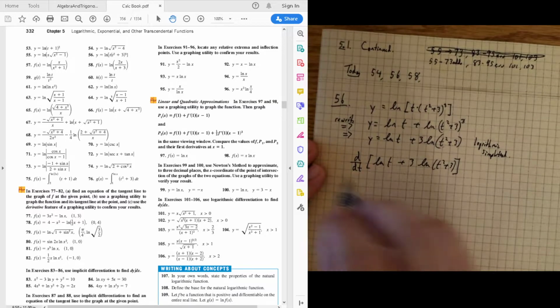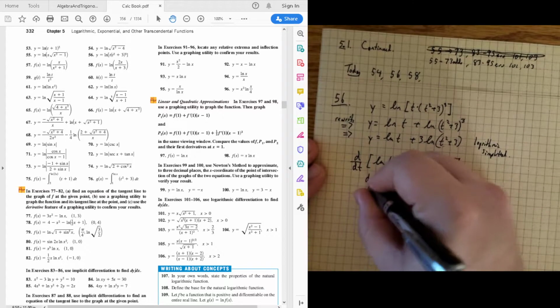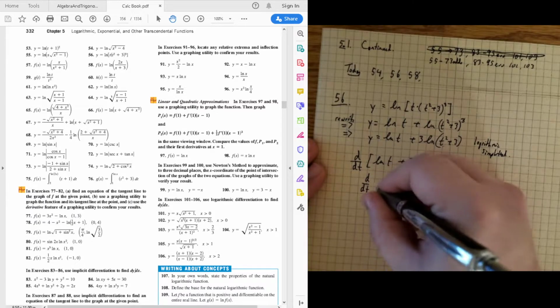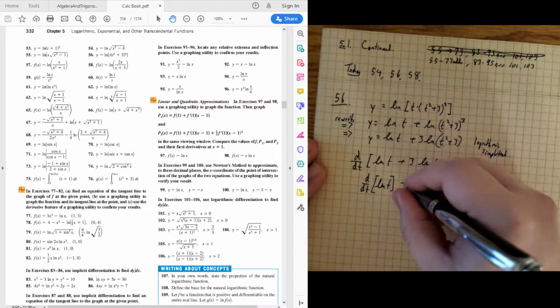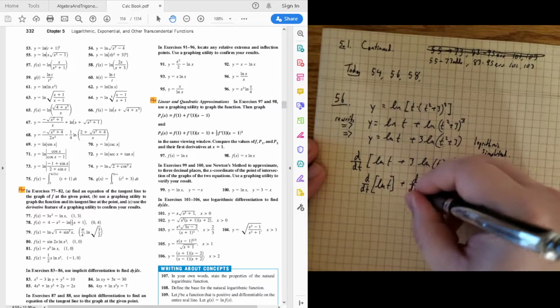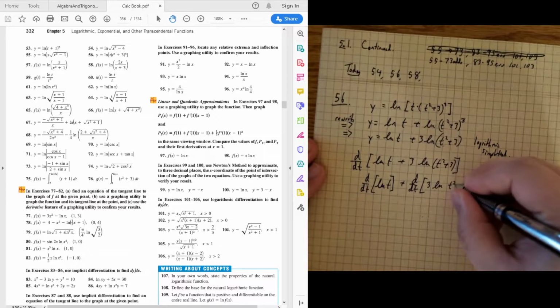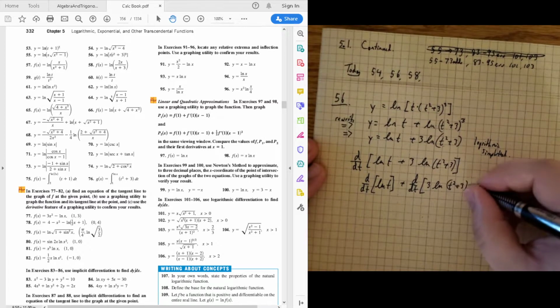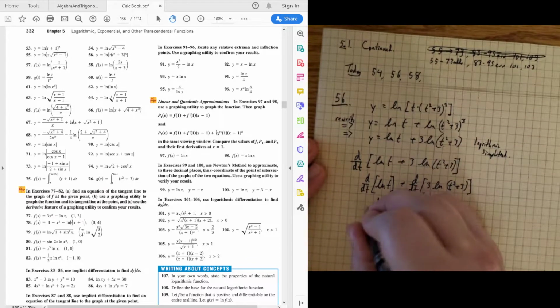Now, remember, this derivative essentially distributes because they're being added. So I'd have the derivative with respect to t of ln of t plus the derivative with respect to t of 3 ln of t squared plus 3. The 3 is going to pop out front and not do anything.